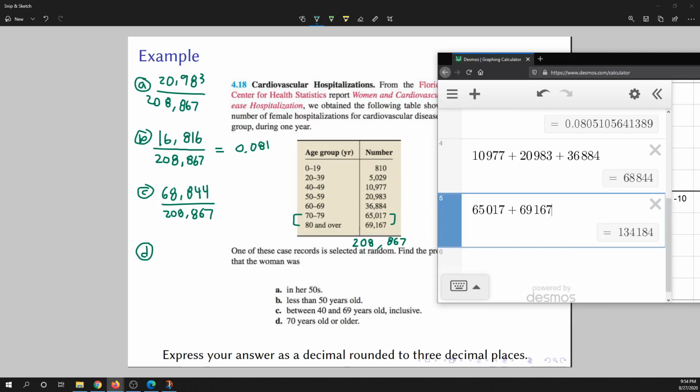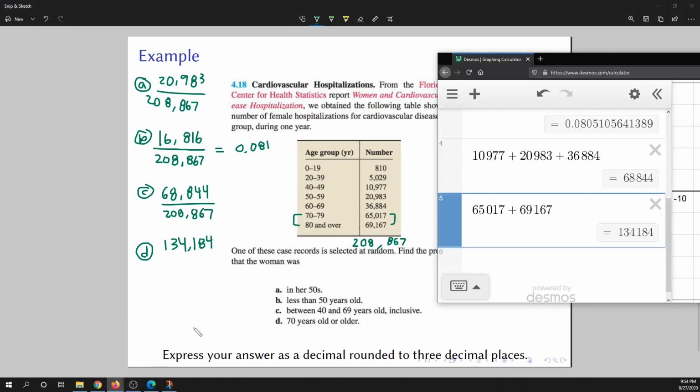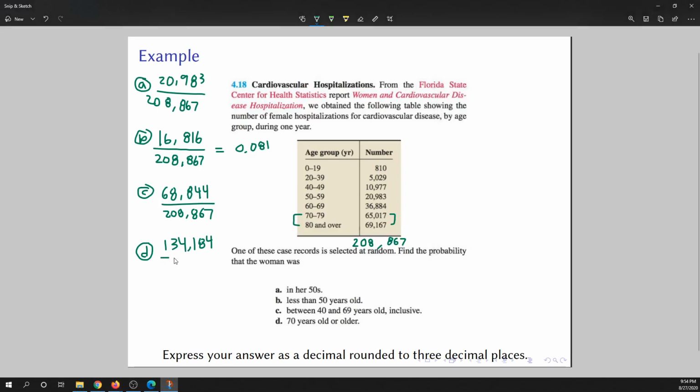So 134,184 over 208,867. All right, and that is it on this example.